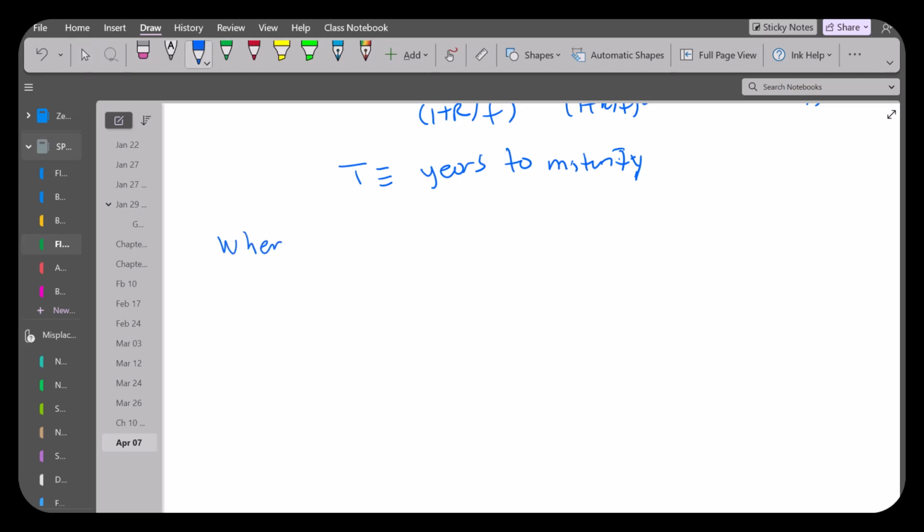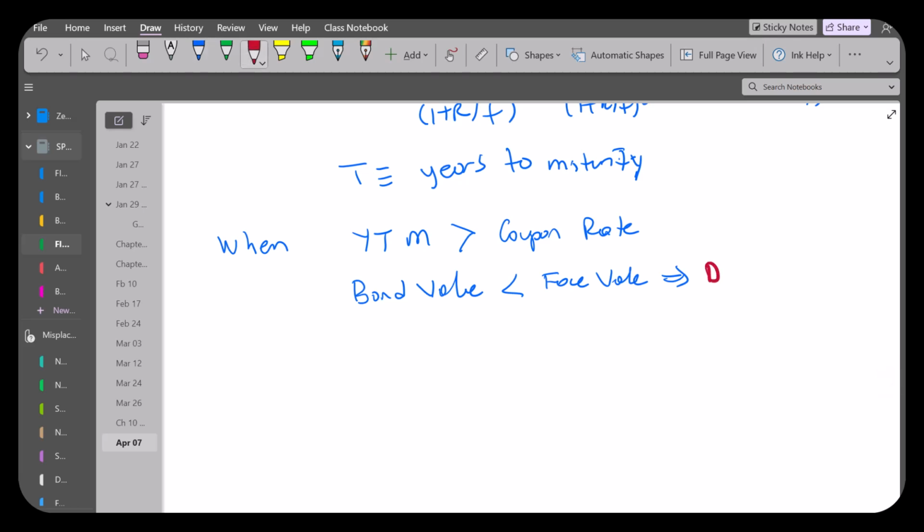When yield to maturity is greater than coupon rate, bond value is less than face value. Hence, that's going to be a discount bond.